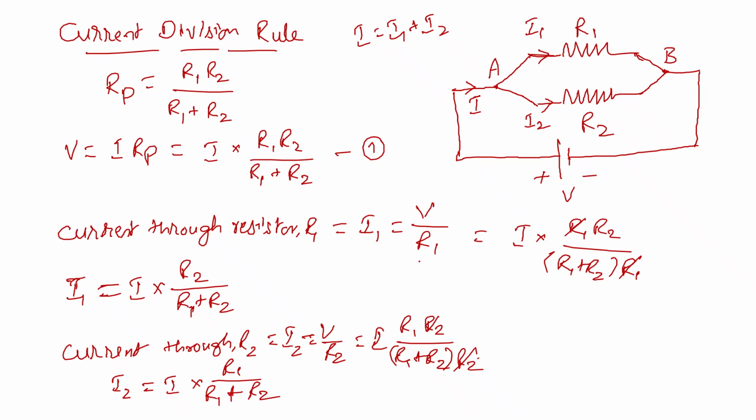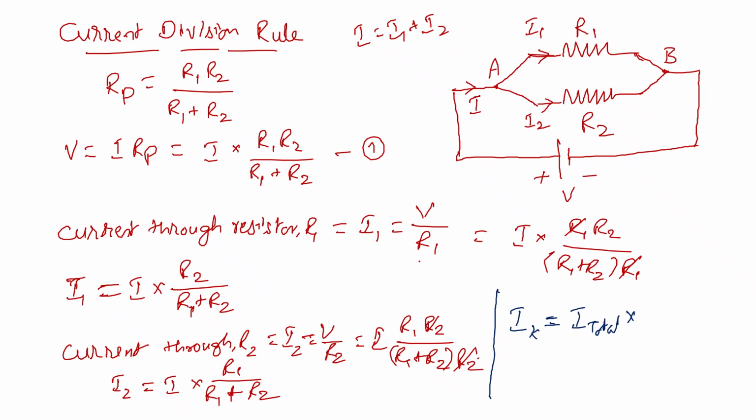Now from this we can conclude that a generalized expression we can write as the current through any branch Ik equal to, when two resistors are connected in parallel, the current in any one branch, suppose it is the kth branch, let us assume Ik equal to total current I total into, for R1 we are having R2 in the numerator, for I2 current we are having R1 in the numerator.